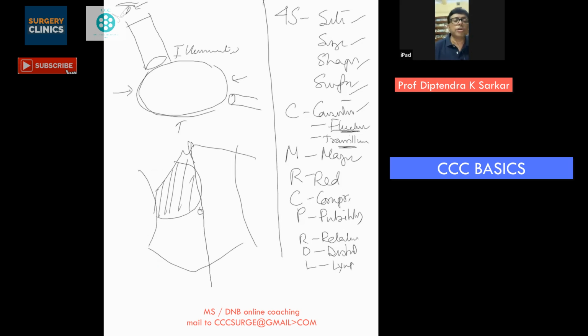So you are going to describe, sir, I can see a swelling, and this is situated in this and this place. Now about the margin. You are going to tell the medial margin extends up to the midline. It is well defined because you are able to palpate the whole thing here. So it extends up to the midline and it is well defined.